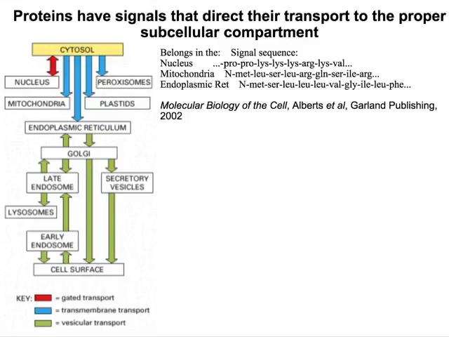Now, we talked about how different proteins have to get to different places in order for them to be recognized as going to those compartments. They have to have signal sequences on them. So these particular signal sequences are not unique.